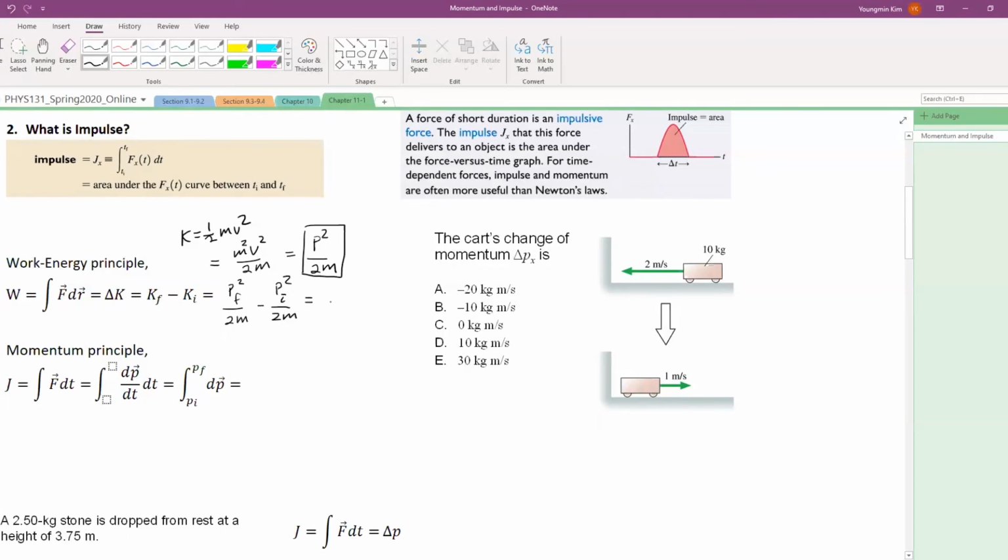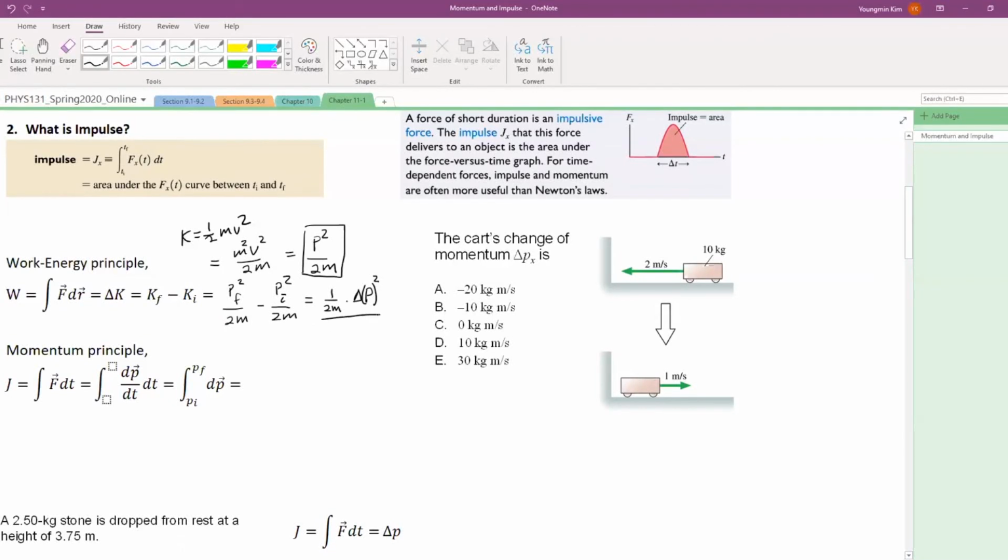Or, a little more compactly, I can write that as 1 over 2m multiplied by the change of p squared. So here you have the final momentum squared minus the initial momentum squared.